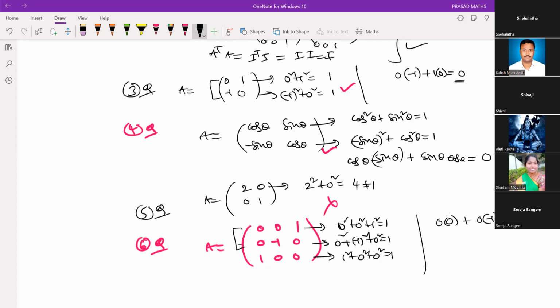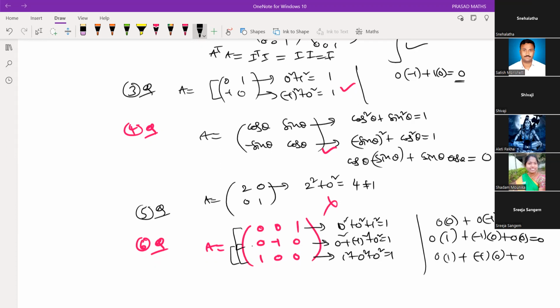Here, 0 into 1 plus minus 1 into 0, plus 0 into 0, is equal to 0.